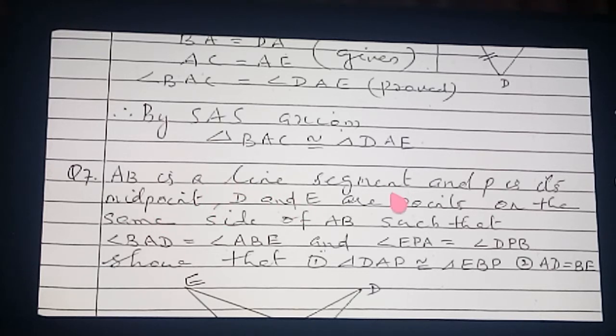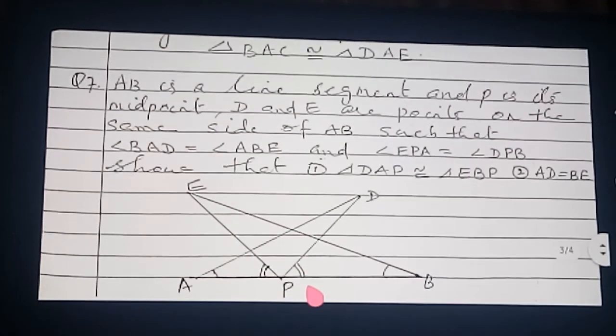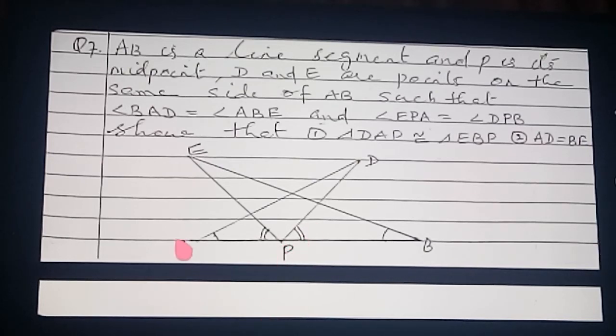AB is a line segment and P is its midpoint. Here P is the midpoint of line segment AB.